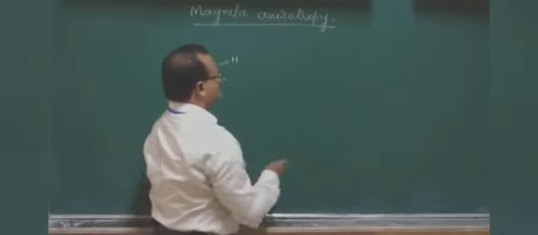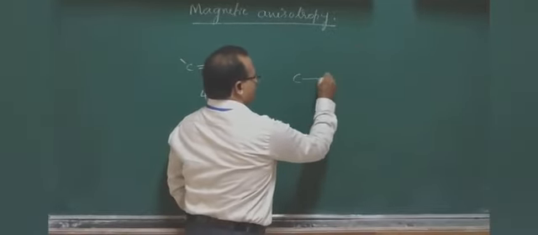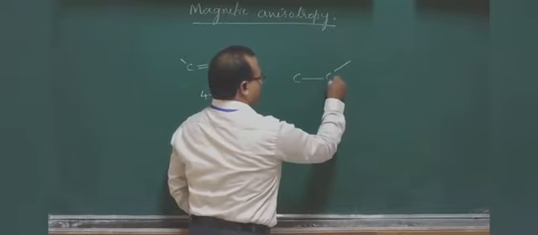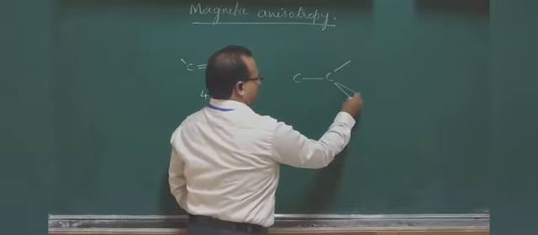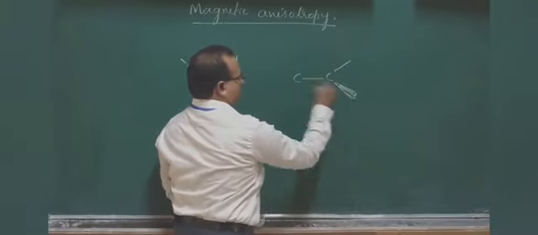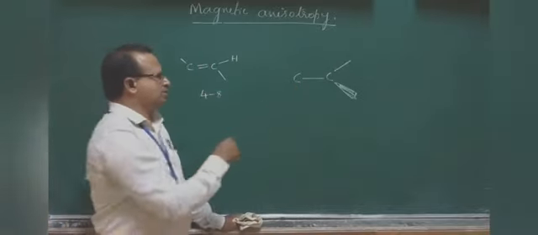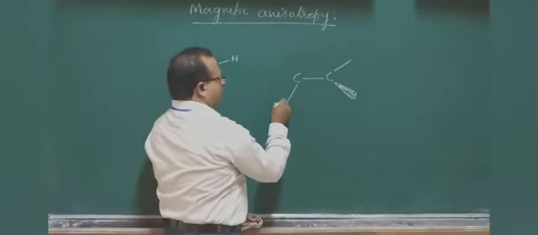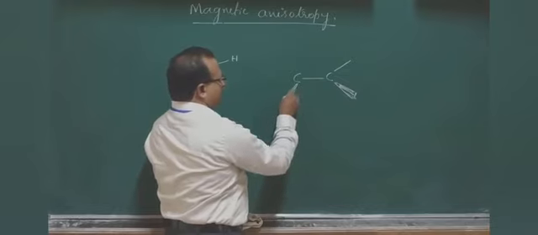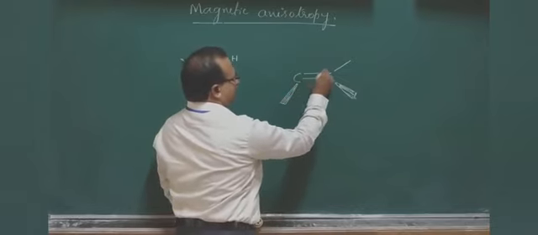Olefins, similar to sigma bonds, contain another bond, that is pi bonds.